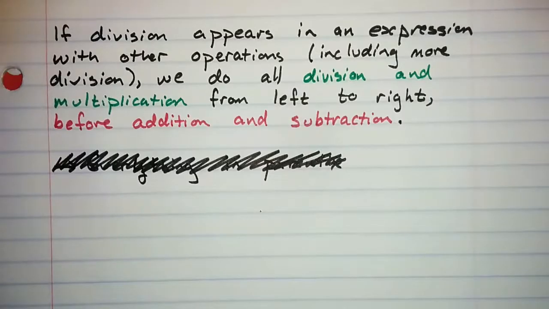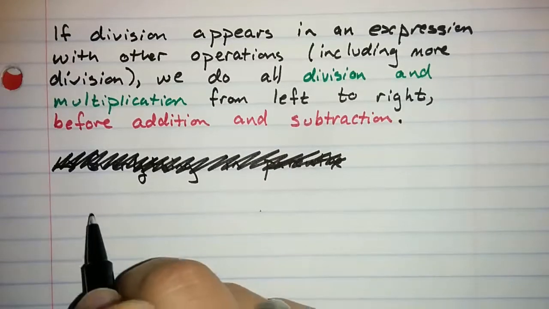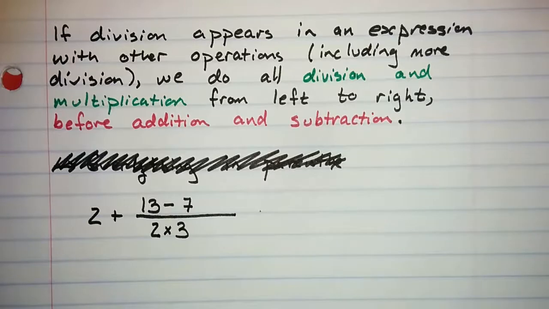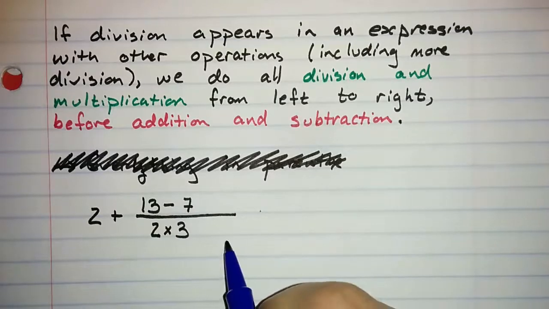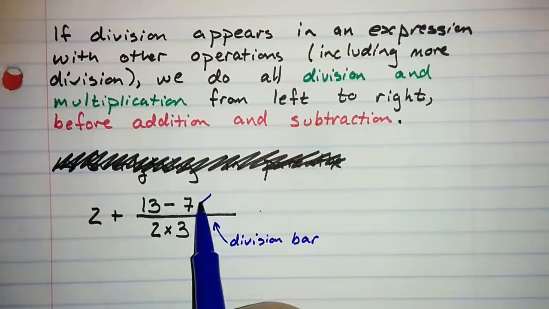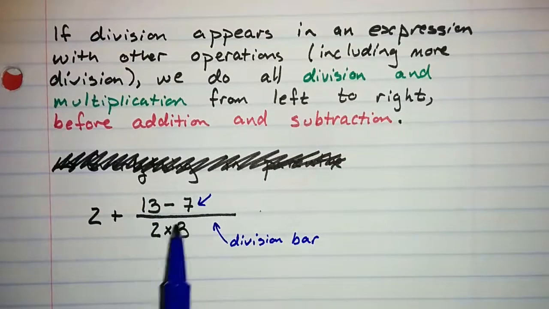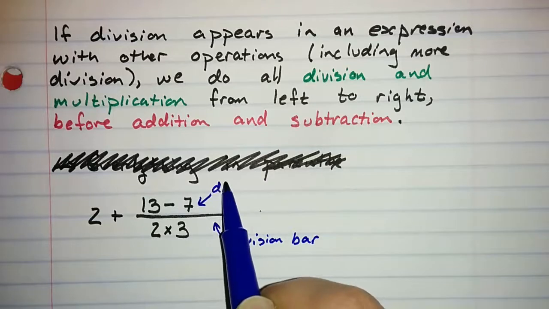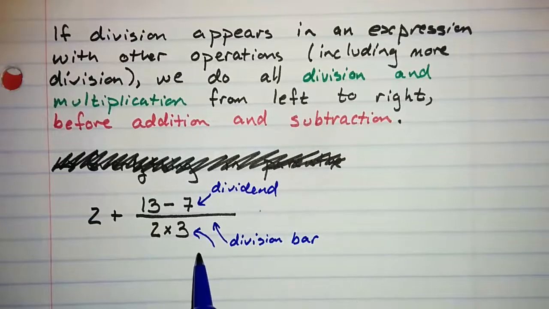Now there's one more complication with order of operations and division, and that is this. We can write, for example, an expression that looks like this, using the division bar that I mentioned earlier. And remember, the number above the division bar is the dividend, and the number below the division bar is the divisor.